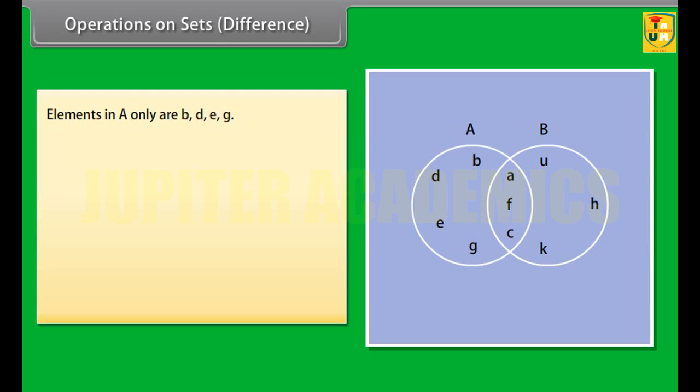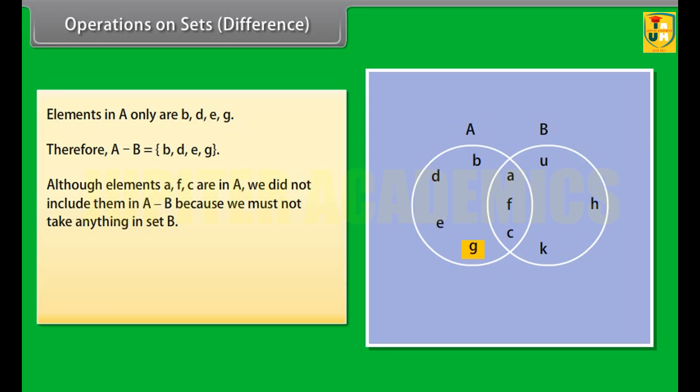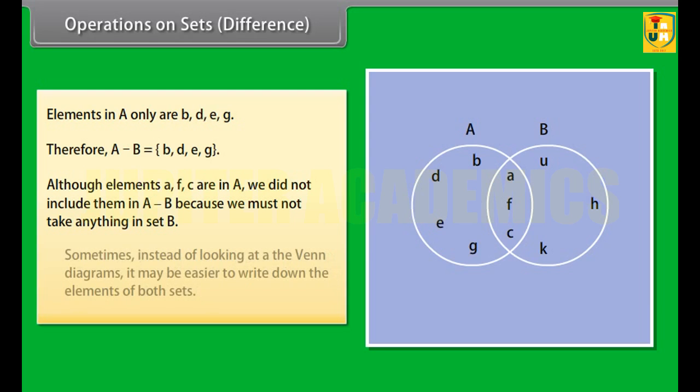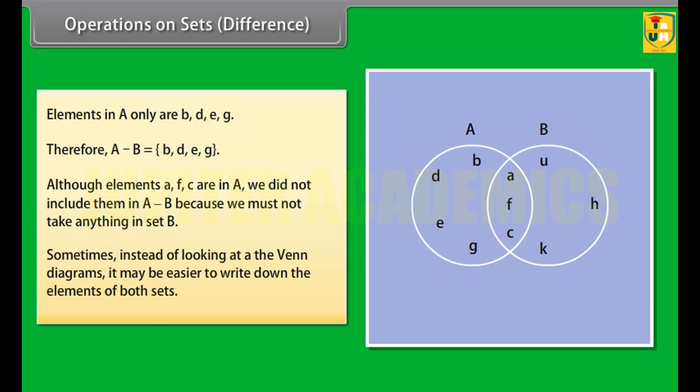Take a close look at this figure. Elements in A only are B, D, E, G. Therefore, A minus B is equal to {B, D, E, G}. Notice that although elements A, F, C are in A, we did not include them in A minus B because we must not take anything in set B. Sometimes, instead of looking at the Venn diagrams, it may be easier to write down the elements of both sets.